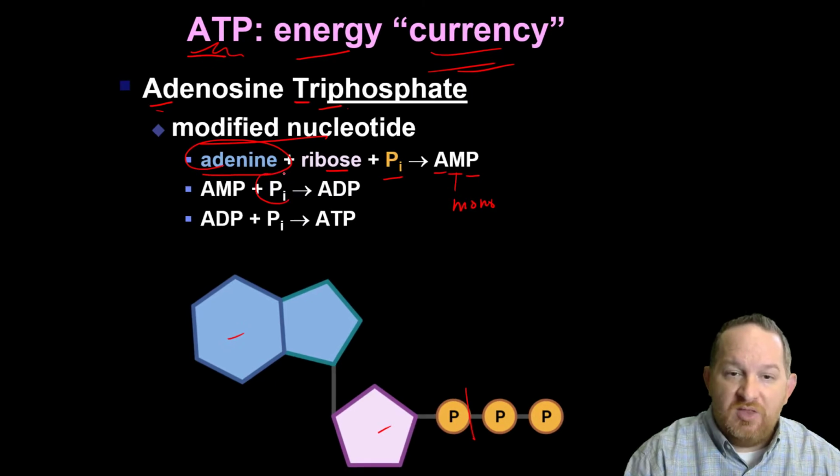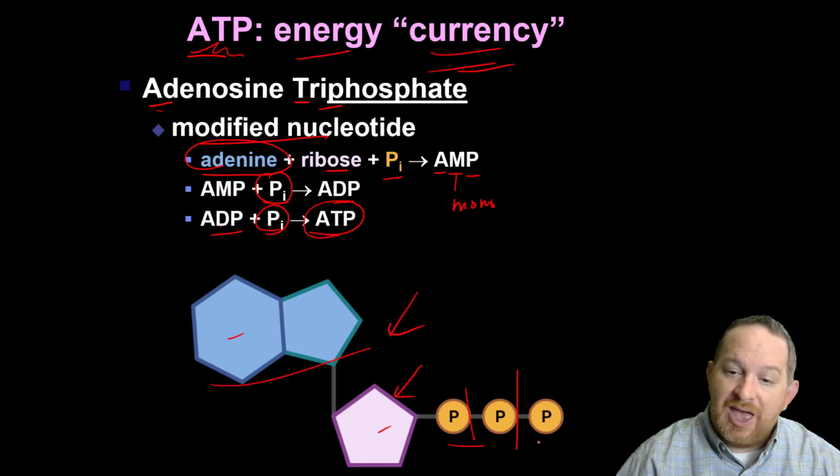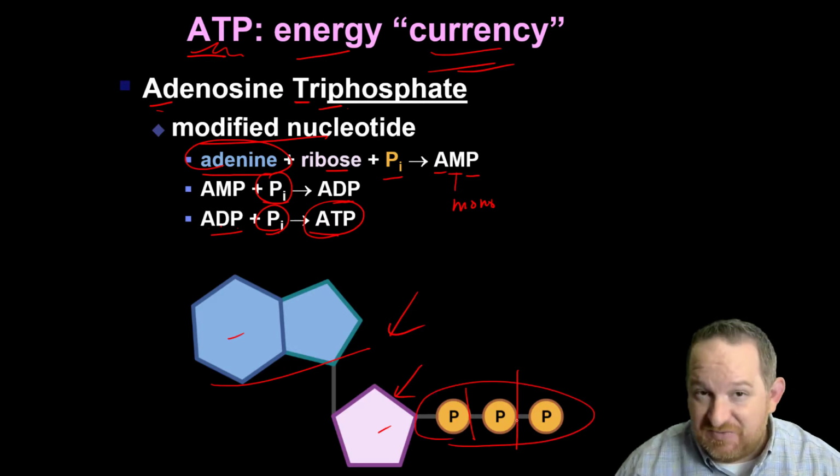When you add another phosphate, so you take AMP plus a phosphate, you get ADP, adenosine diphosphate. When you add that third phosphate, you will get ATP. So here's our molecule. We see the adenine here, we see the ribose sugar there, and the three phosphates.